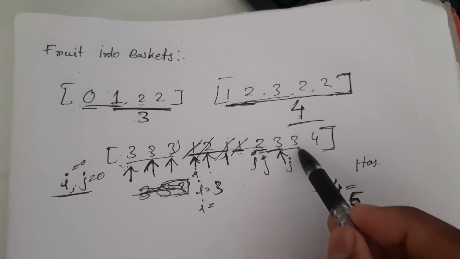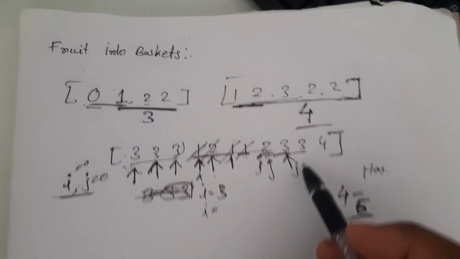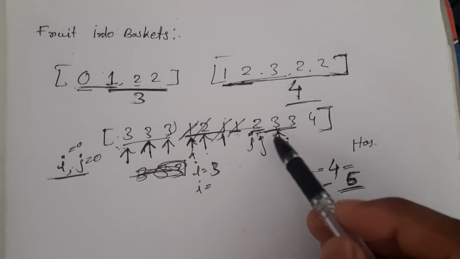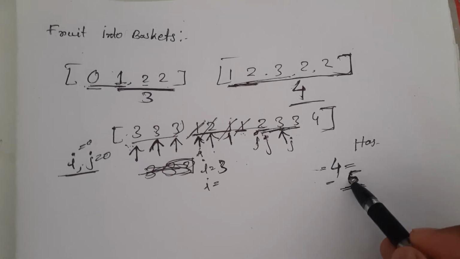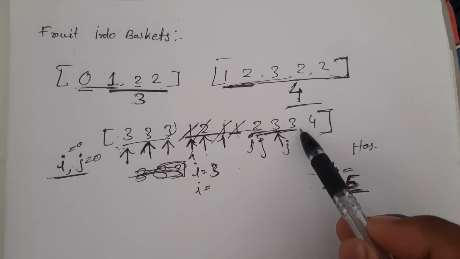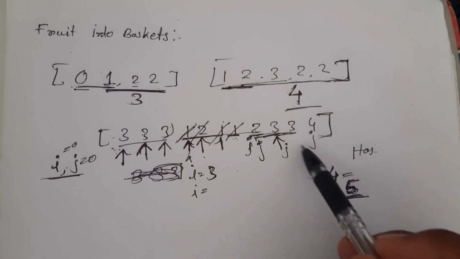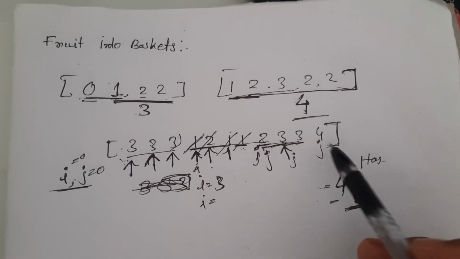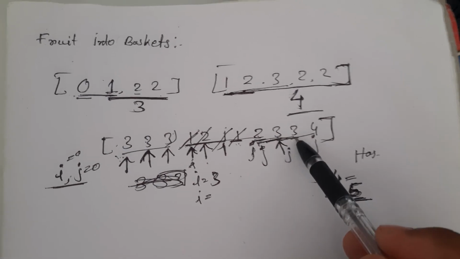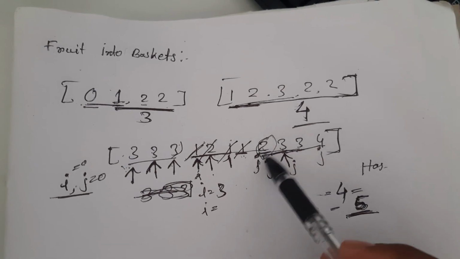Again we increase j. In that position we have 2 distinct elements, but the length is 3, and we already have the maximum length of 5. Again we increase j, reaching 4, but at that time we get 3 distinct elements, so we need to remove the 2.